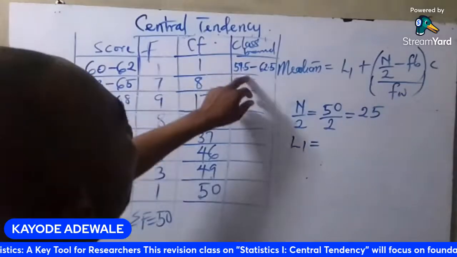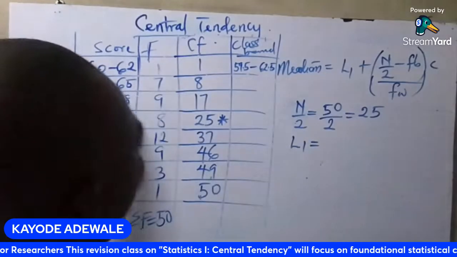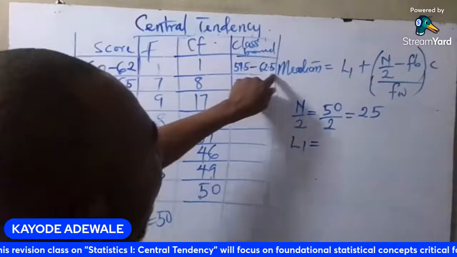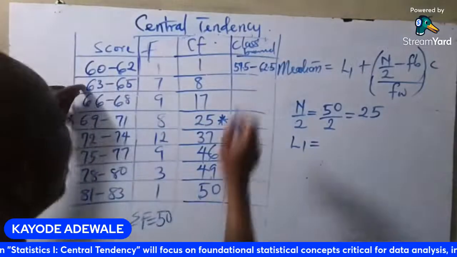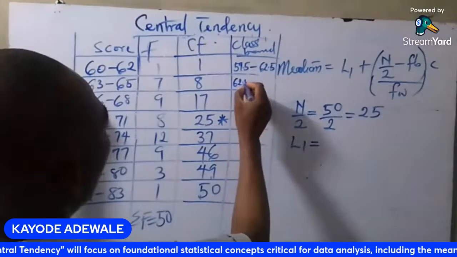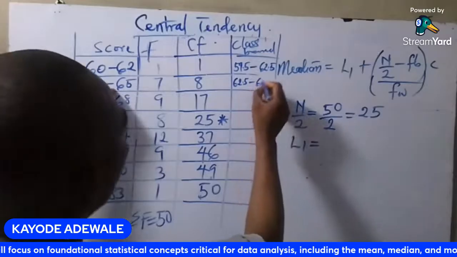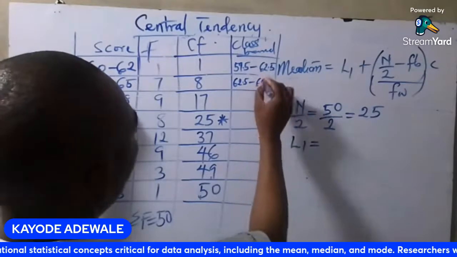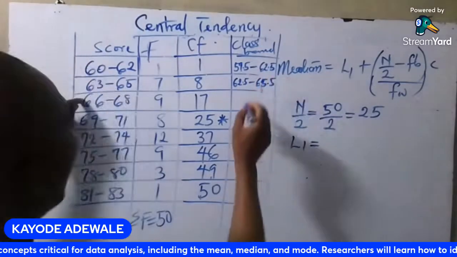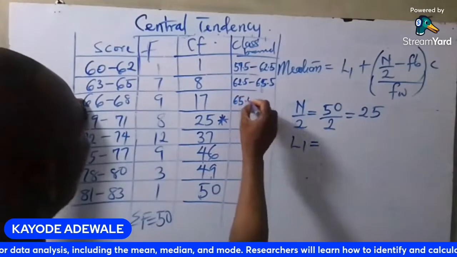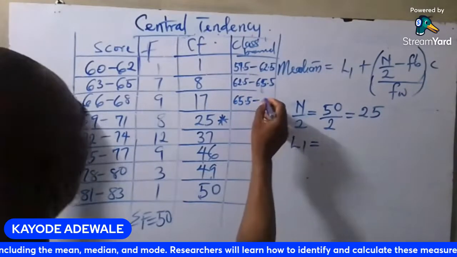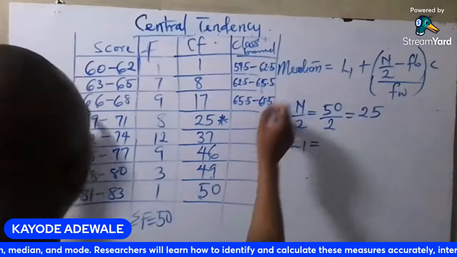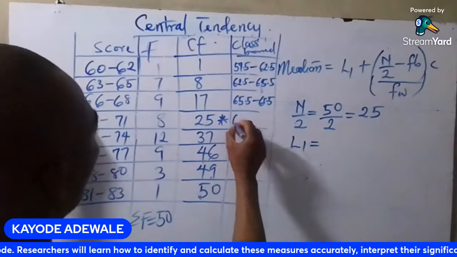So 59.5 is the lower class boundary of this class, and 62.5 is the upper class boundary. Then this will be 62.5 and 65.5. Just take 0.5 away, and this will become 68.5. Come here, this will become 68.5 minus 71.5.